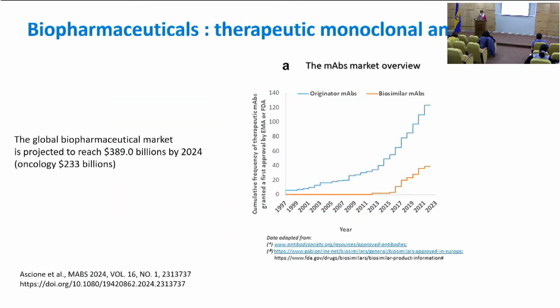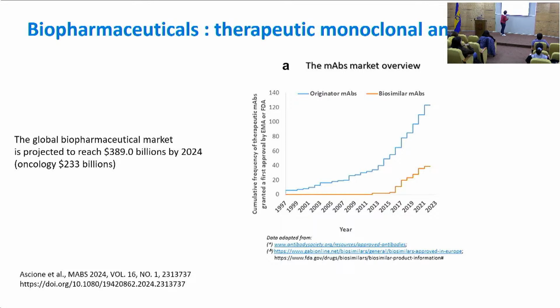It's just an example, I highlighted the mAbs, but there are many recombinant proteins. We can see here the growing production of therapeutic mAbs on the market.